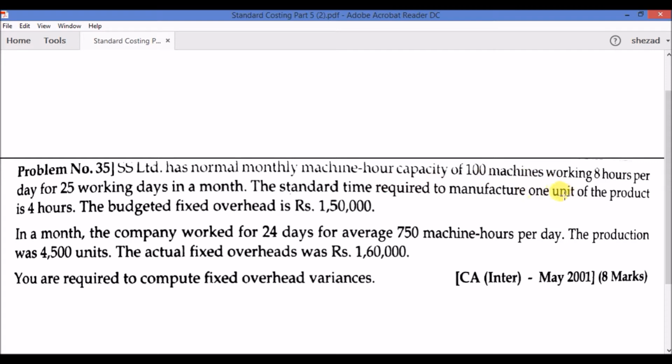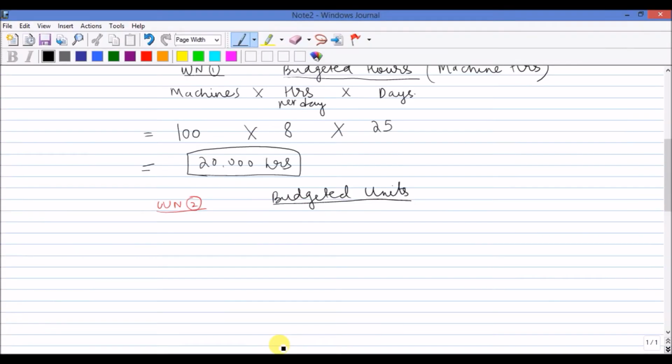The standard time required to manufacture 1 unit of the product is 4 hours. So yes, 1 unit requires 4 hours to manufacture.